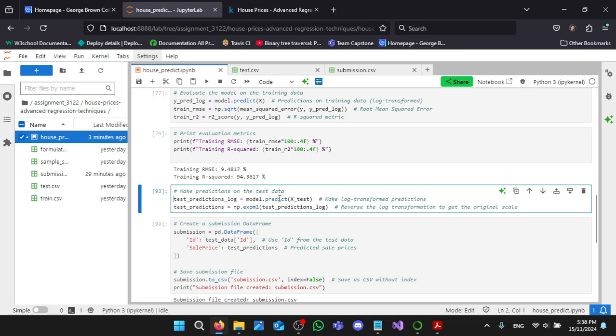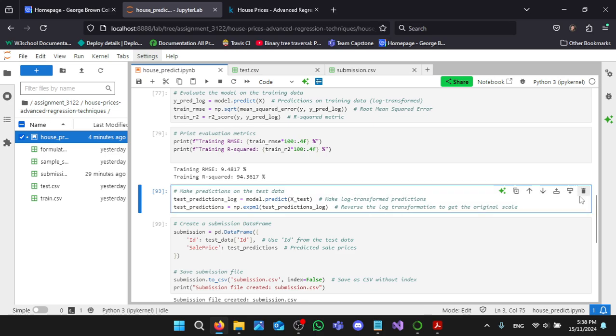So the next thing is making predictions. Since our target variable was log transformed, I reverse the transformation using expm1 to get the predicted sale price on the original scale.